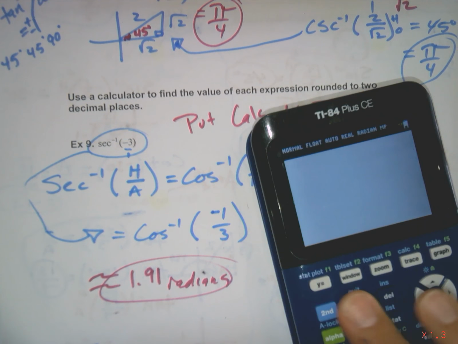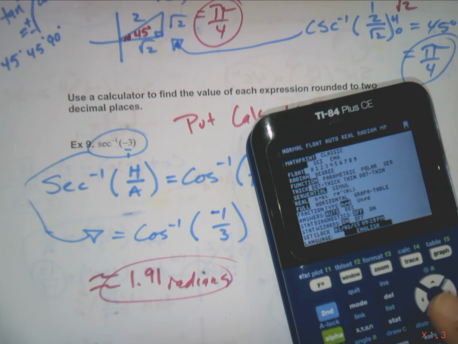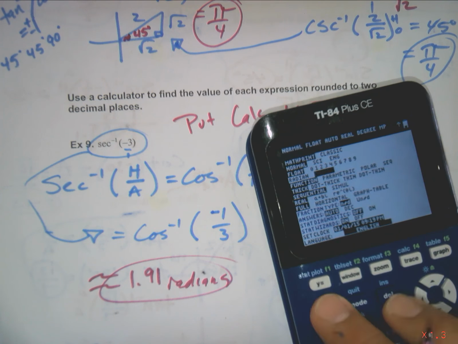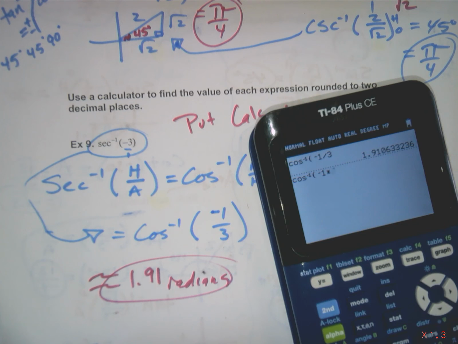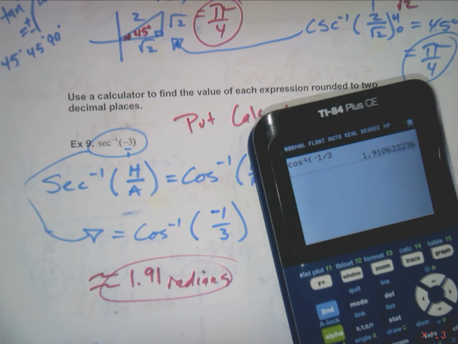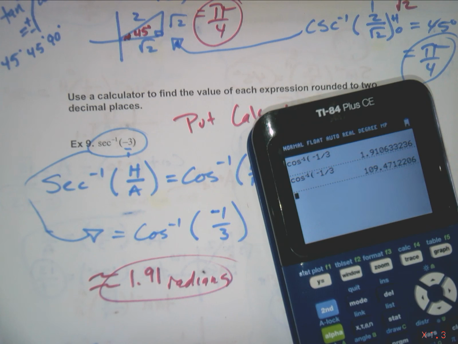Okay, if you're doing this and you get a big number, in this case an obtuse angle, between 0 and 180, you're in degrees. Usually they want you in radians unless they say otherwise.